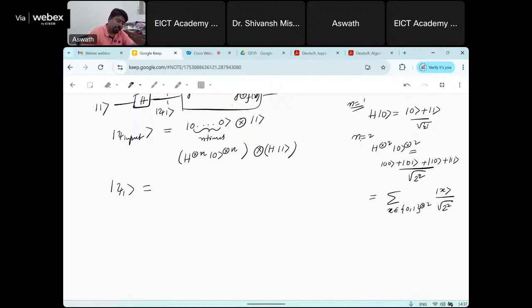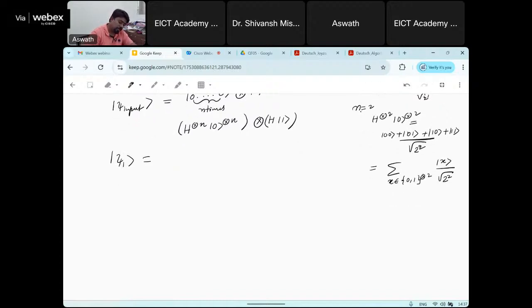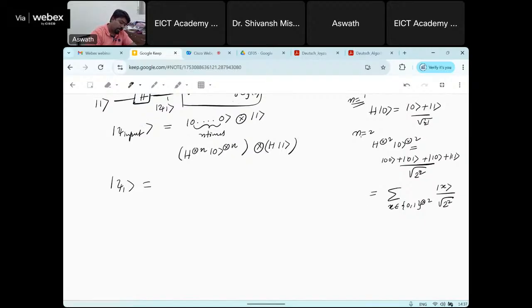So in general, n Hadamards acting on n zero-bit states, you can simply write as 1 divided by square root of 2 to the power of n, summation over x belongs to {0,1} tensor n, x.